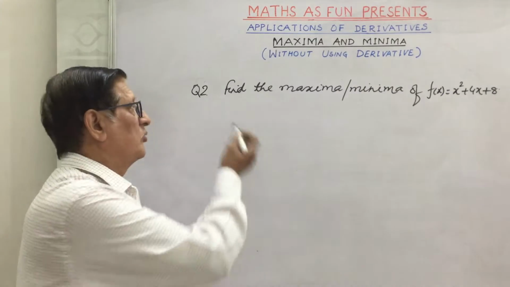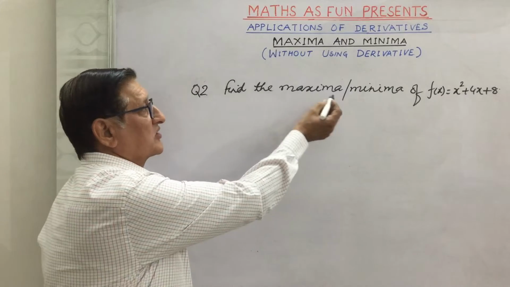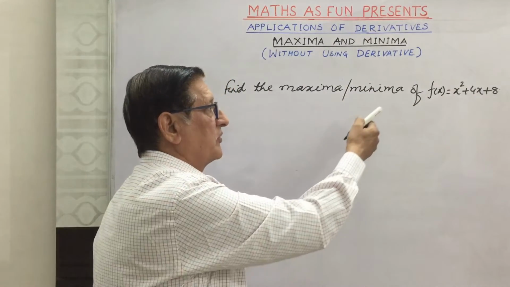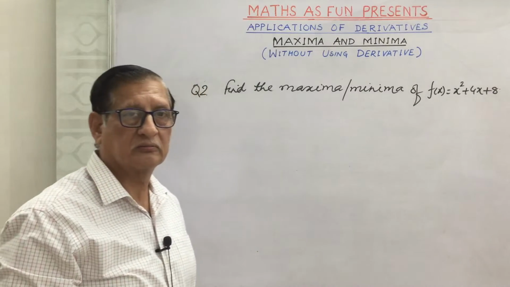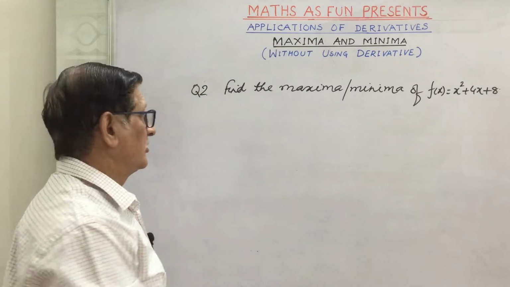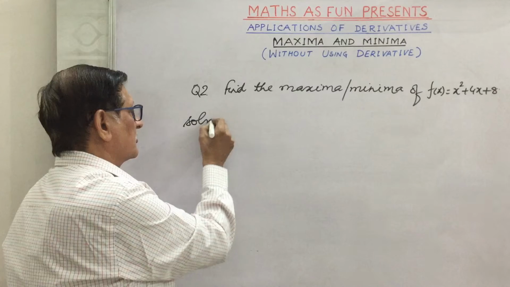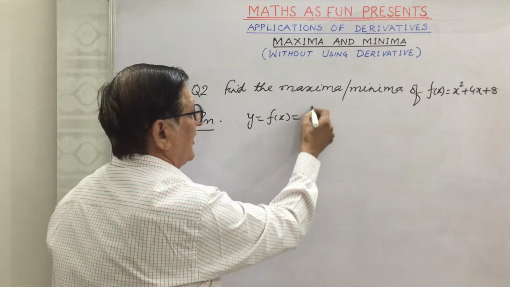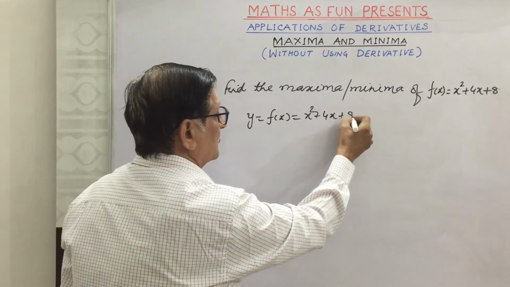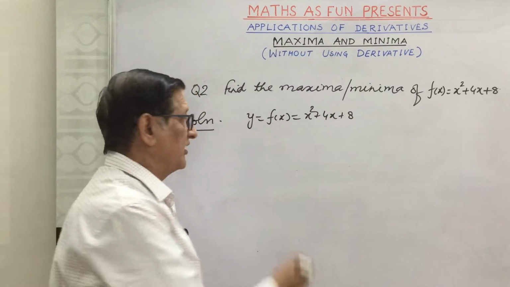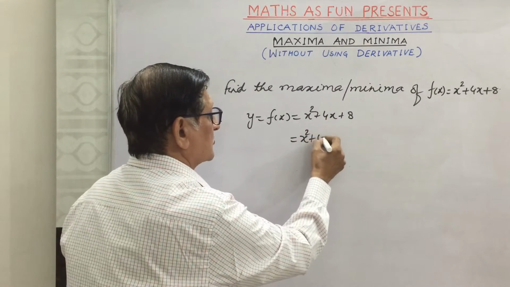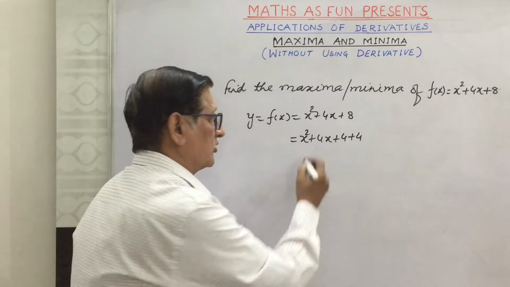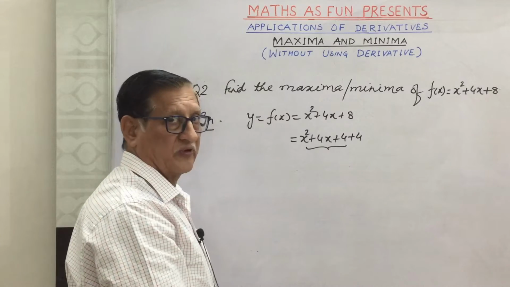The second question we can discuss is: find the maxima and minima of f(x) equal to x squared plus 4x plus 8. For the solution, we write y equal to f(x) equal to x squared plus 4x plus 8. Can we also write this as x squared plus 4x plus 4 plus 4? Because this will become a perfect square.